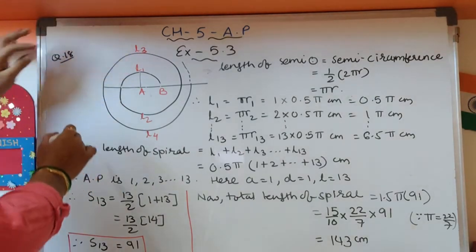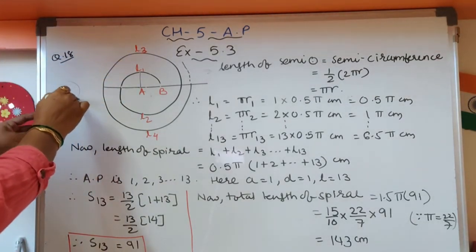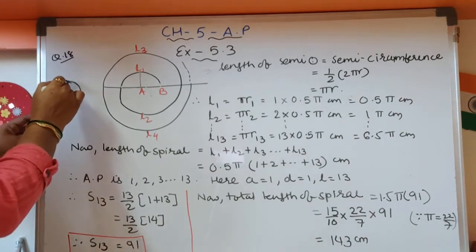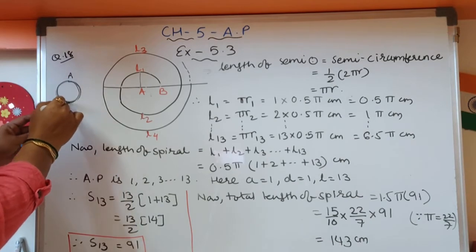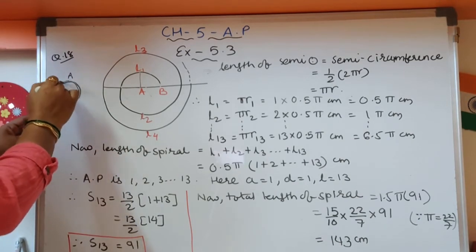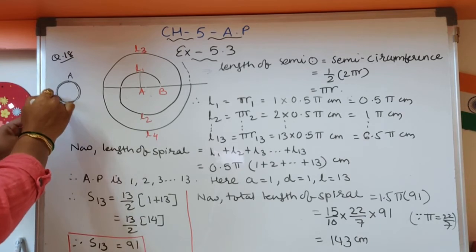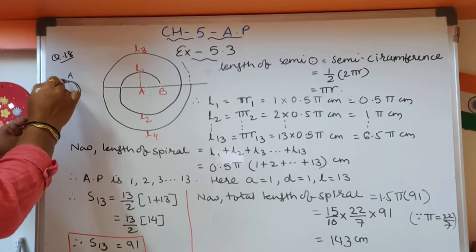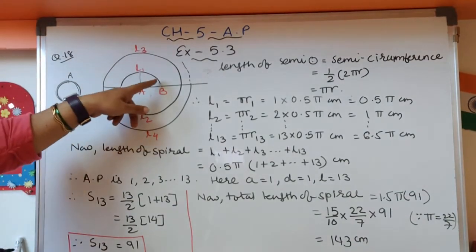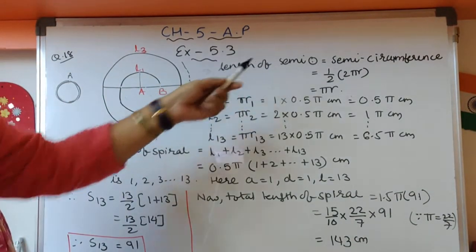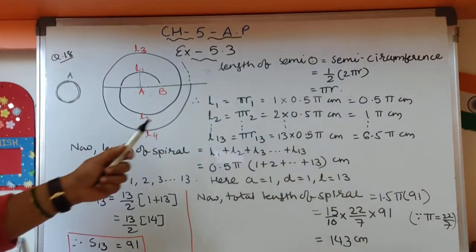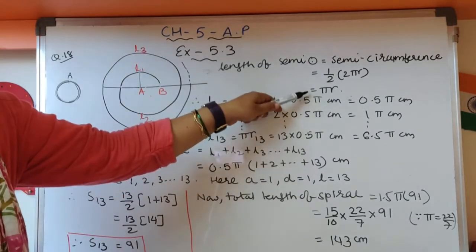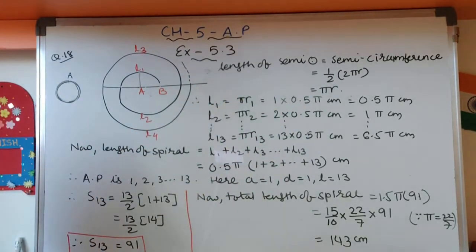If this is a circle, and if we start from point A and again go to the point A, it is one circumference. This length we call a circumference. So here the length of a semicircle is half the circumference, and the circumference formula is 2 pi r, and semi means half. So finally we get pi r.